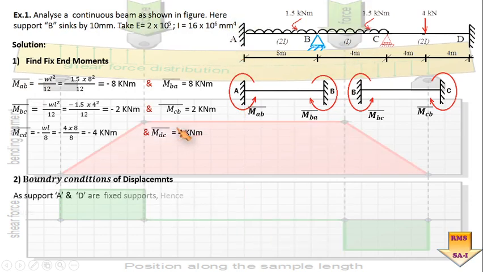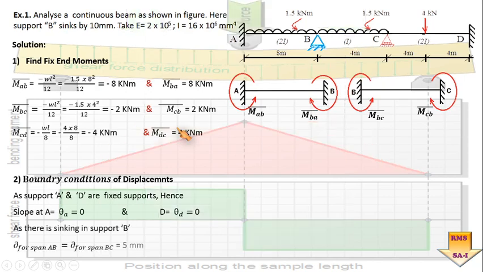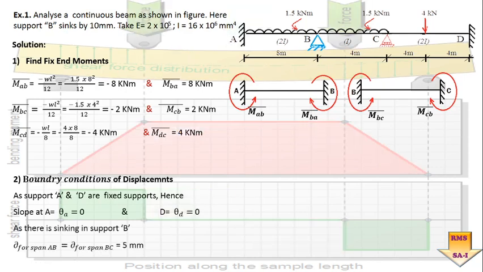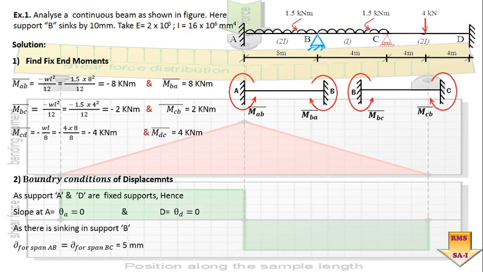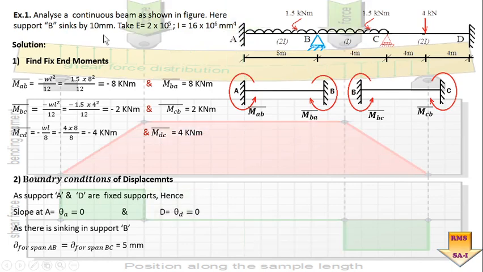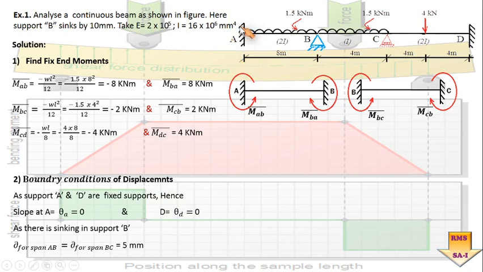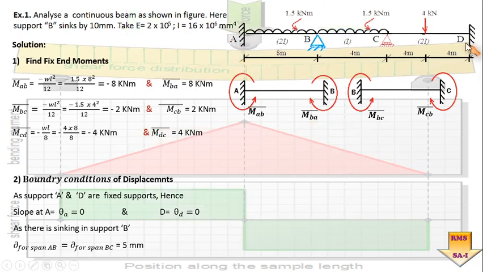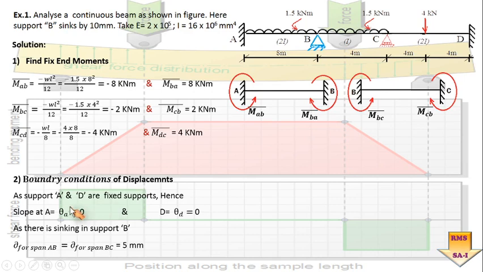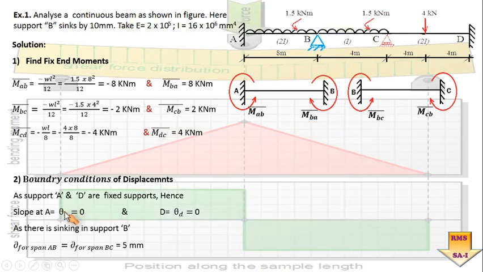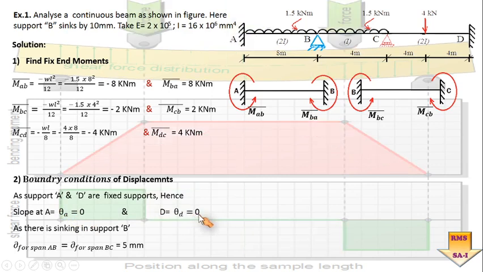Next is to identify the boundary conditions depending upon the various displacements which shall occur in this problem. First, related to the support condition, fixity is available at point A and at point D. We know that for fixity the slopes are equal to 0, so theta A is equal to 0 and theta D is equal to 0.